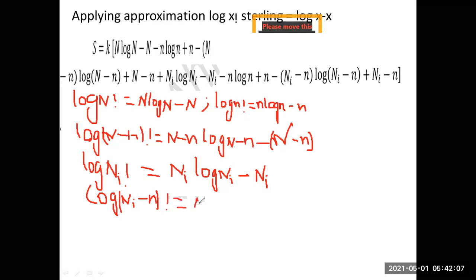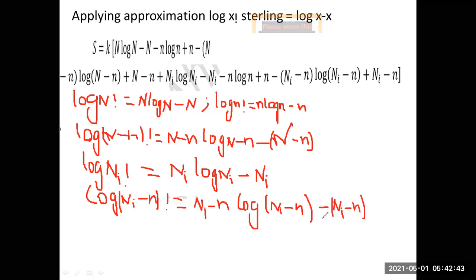So here n suffix I minus n log of n suffix I minus capital N suffix I minus small n, right?